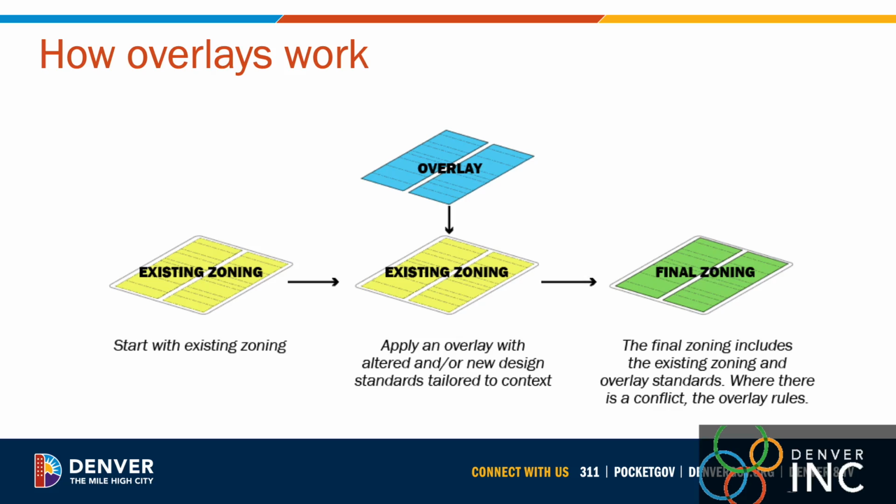Those are examples of what the base zoning might be, and then the overlay works on top of that. So most of your zoning would still be in your base zoning, and the overlay is a tool that we can use to tweak a few things that might not be working with the base zoning, given some of the unique character components of that particular neighborhood. And I'll give an example of what that might look like in a minute.